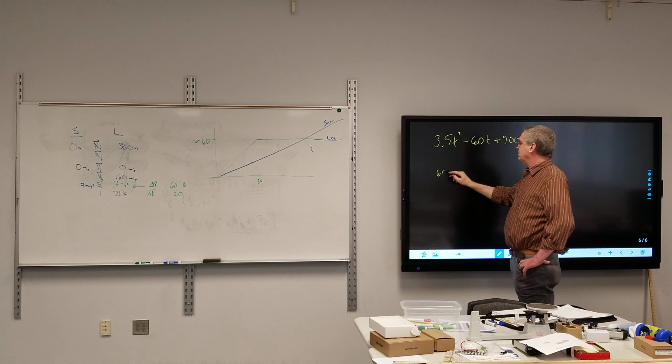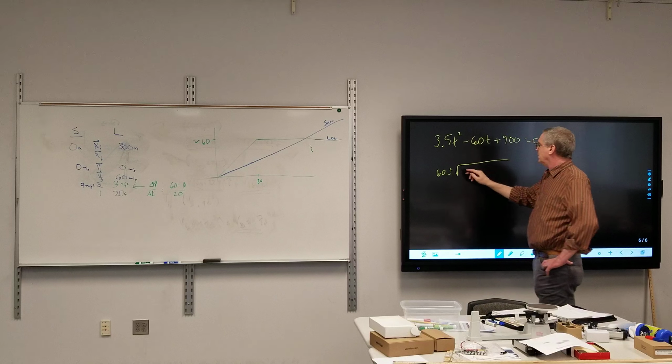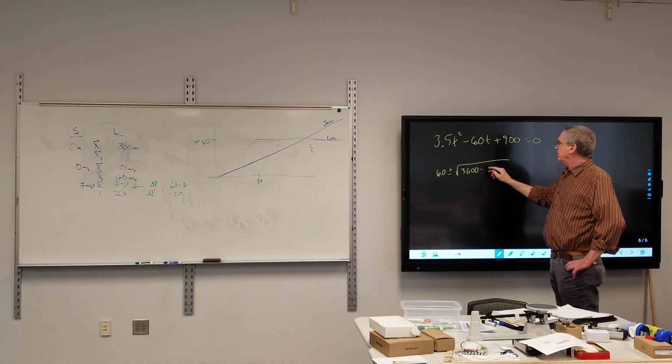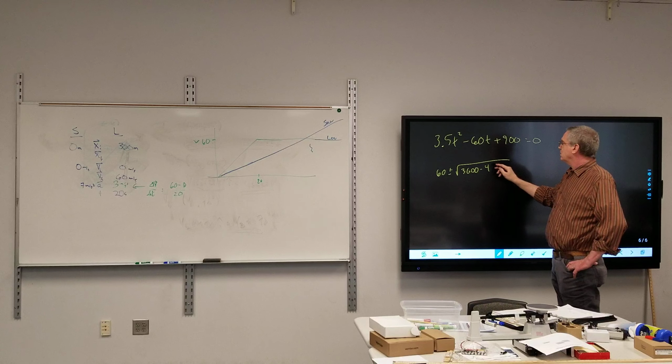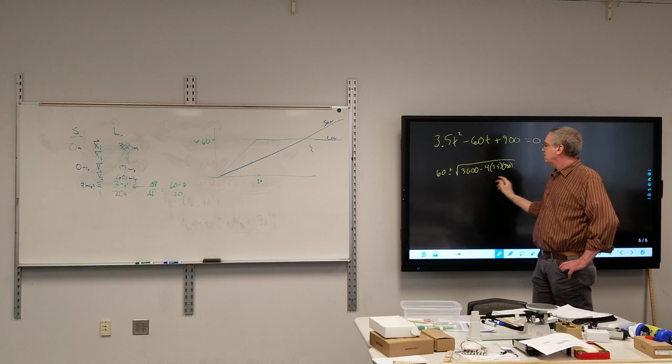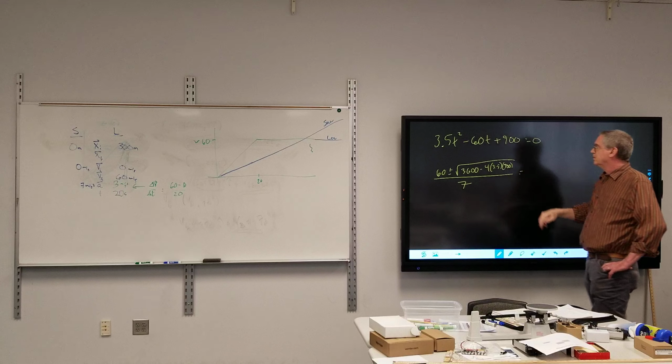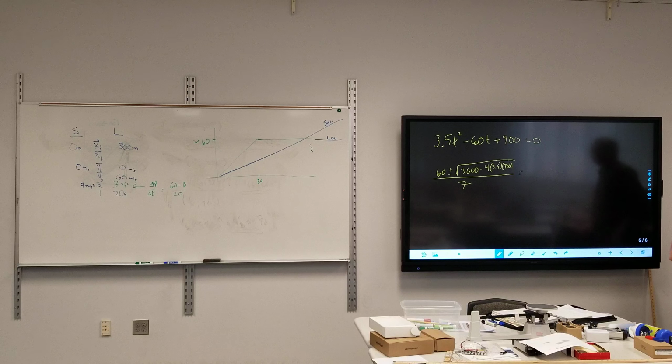So I have 60 plus or minus the square root of 3600 minus 4 times 3.5 times 900, divided by 7. It's unsolvable. Well, that does not make sense, that it'd be unsolvable.